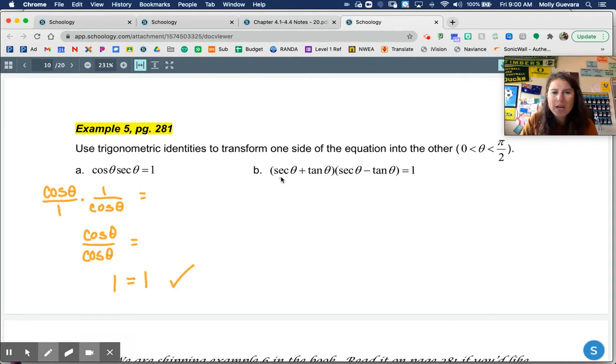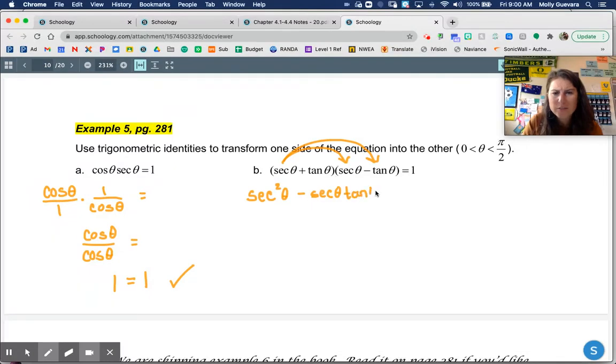For B, I have two things and I'm multiplying them together. So let's go ahead and multiply them together. Secant theta times secant theta is secant squared theta. Secant times tangent, so minus secant theta tangent theta.